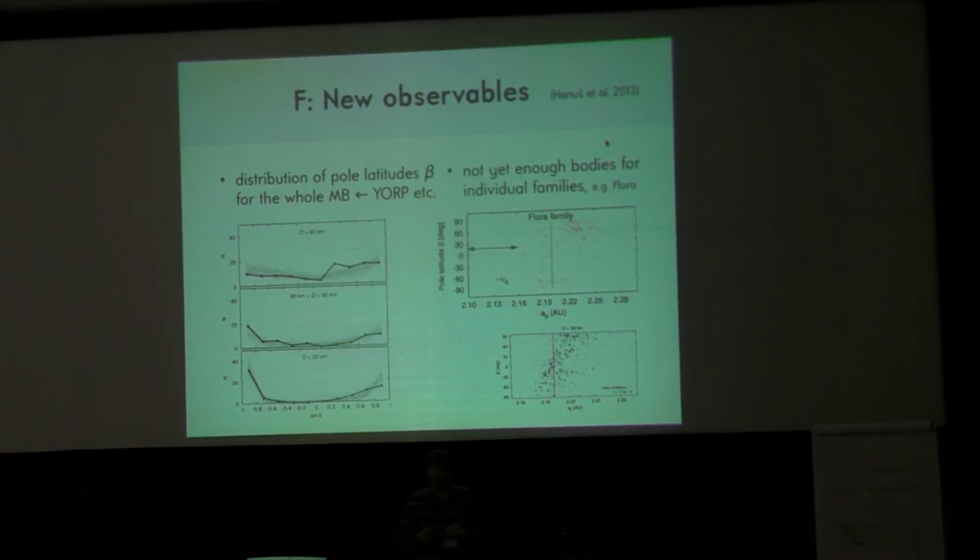Also the distribution of spin states. I think that we were at least partly successful in terms of the whole main belt. This is the distribution of betas, of latitudes, of spin latitudes. The black is the observed distribution, and the gray lines are again 100 models.